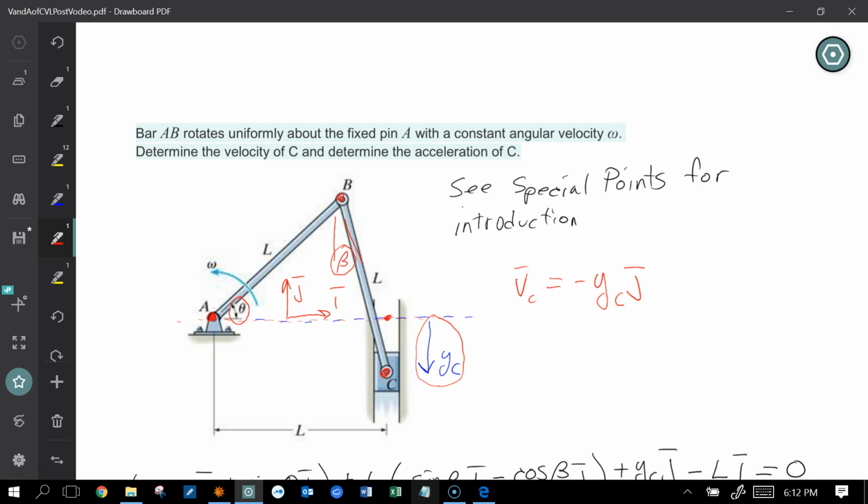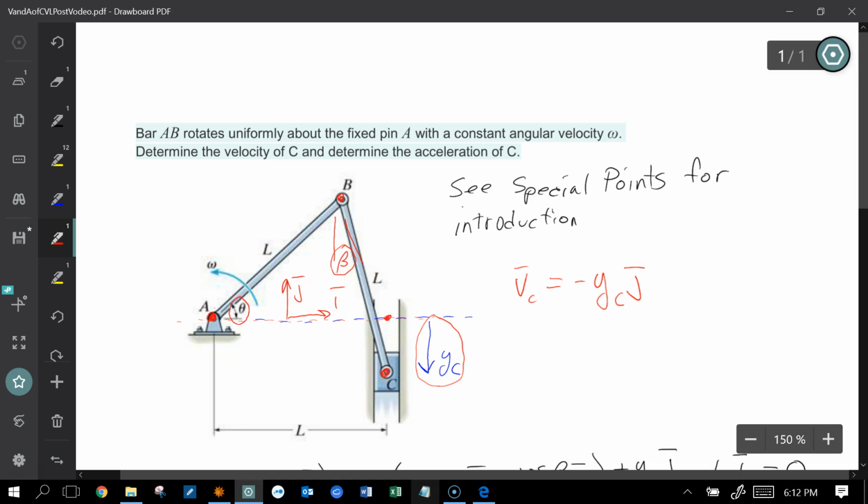If I'm measuring from that little red dot, the distance is YC, and it's down, so that's a negative J. So the position is negative YC J. Now take a derivative: negative YC dot J. That's your velocity. The acceleration is the second derivative. Those are the things I'm looking for.